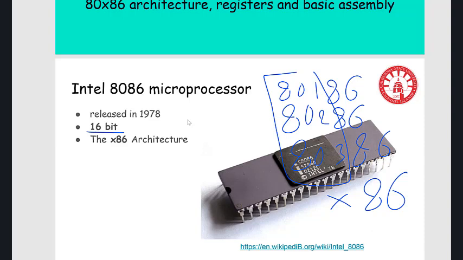These CPUs belong to the family of ARM processors. So in this course, I focus on x86 architecture, and normally in embedded system courses, the focus will be on ARM processors.